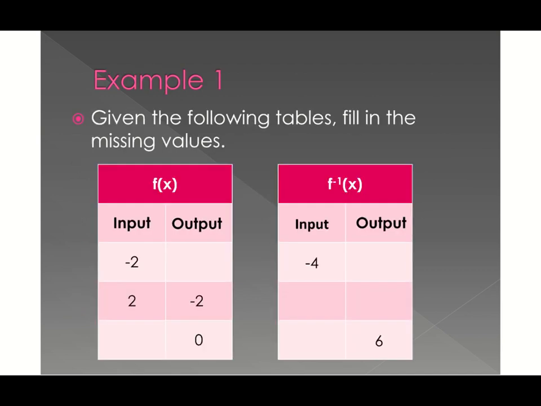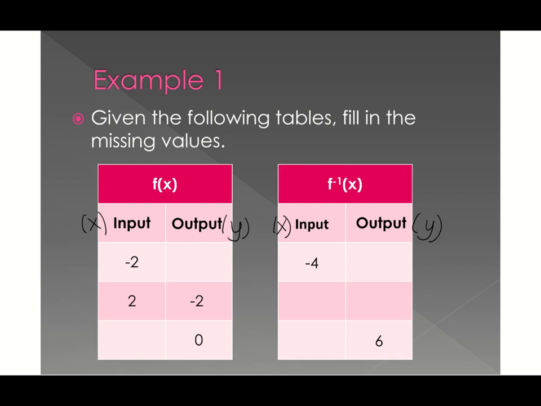So if we're looking at a table here, an example when it says, given the following tables, fill in the missing values. So on the left side, we have our original function f of x. We have our inputs, which are x, and our outputs, which are y, on both of our tables. Inputs also is our domain, and outputs is our range.